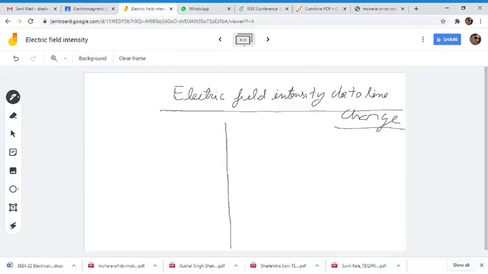So let us say this is your z-axis, this is your y-axis, and this is your x-axis.